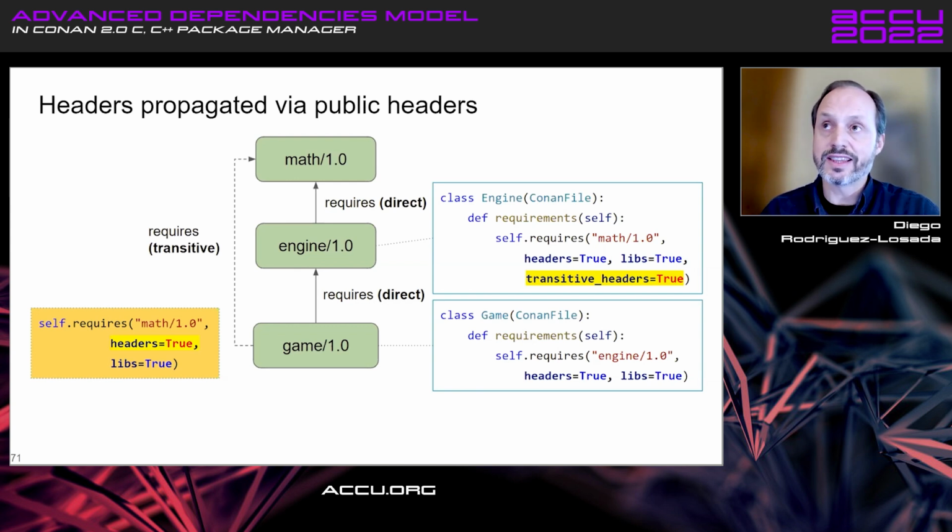Then if we pass this trait through the F function, it will result in a transitive requires from game to math that now contains the headers trait equal true.